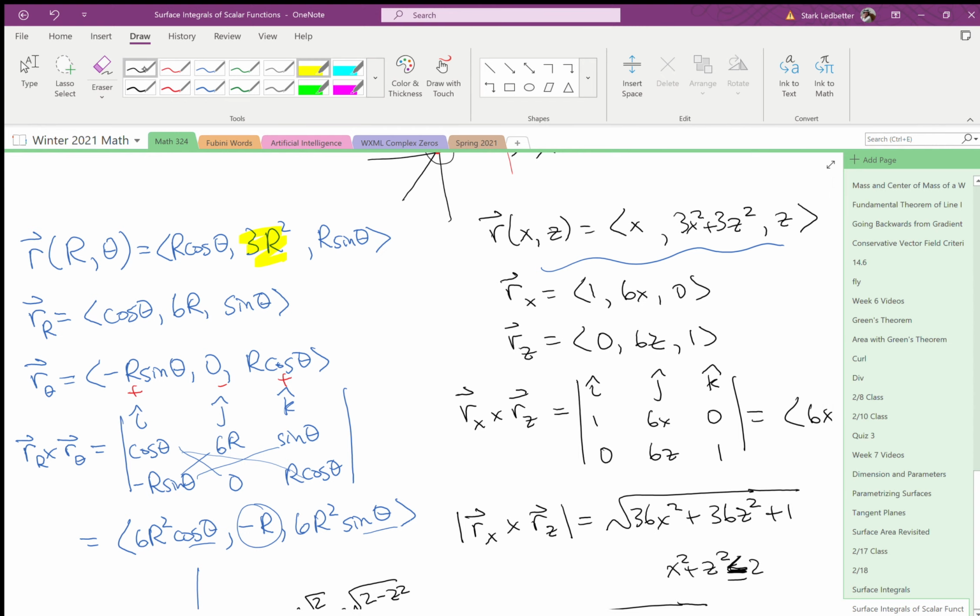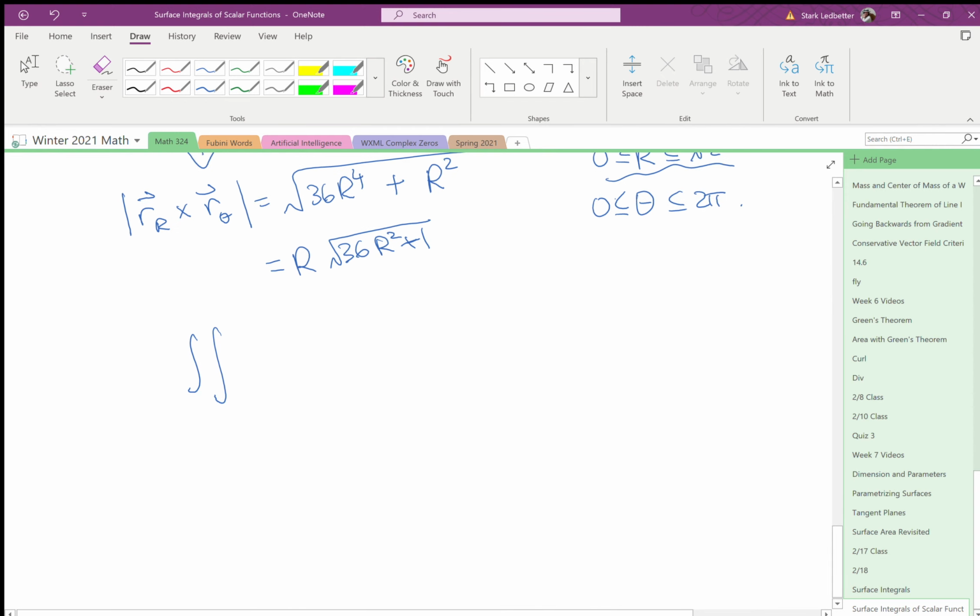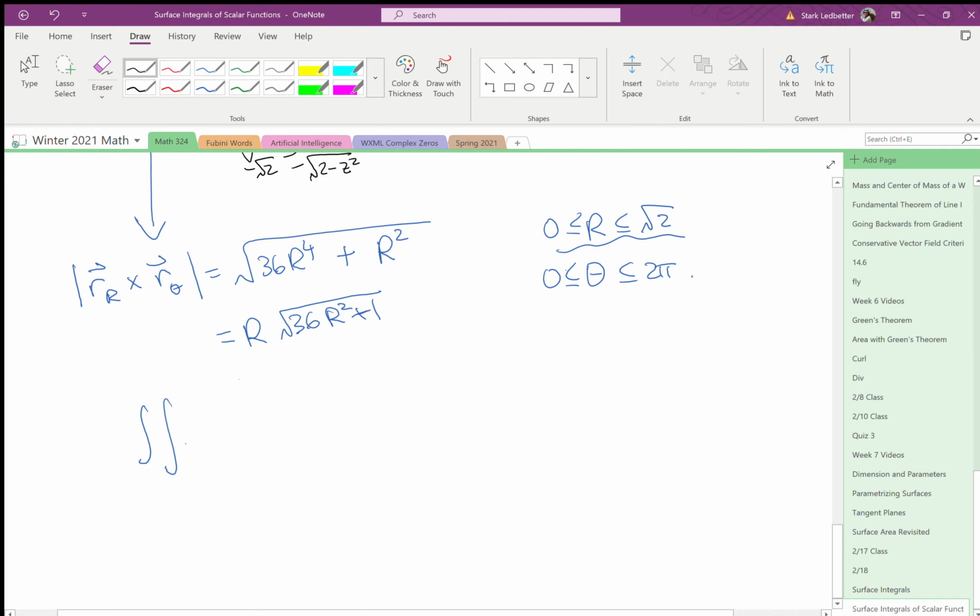So we're going to get 120r squared. And then multiplying by this, r times root 36r squared plus 1 dr d theta. Theta goes from 0 to 2 pi. r goes from 0 to root 2.